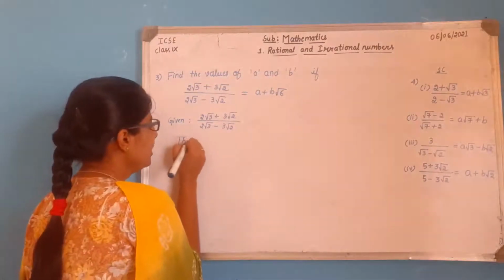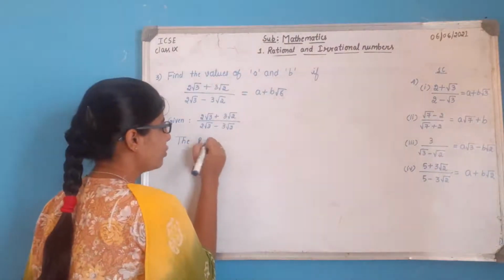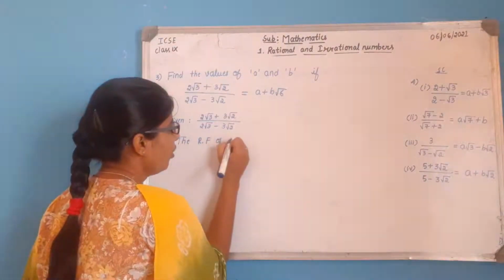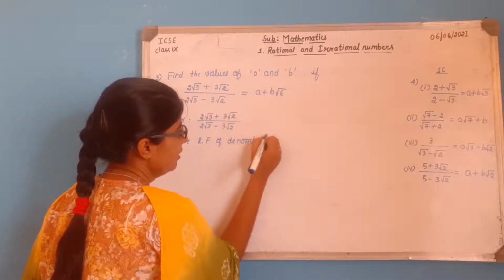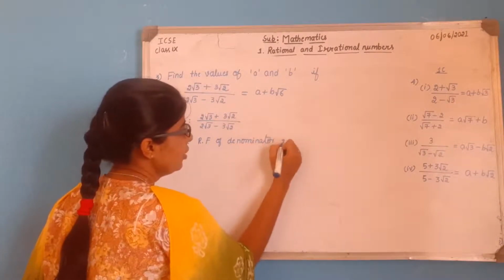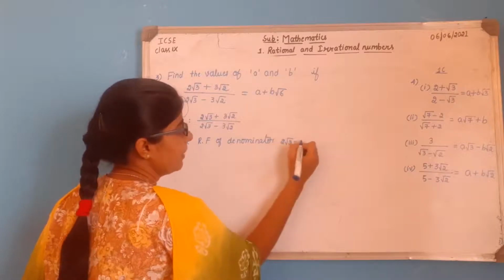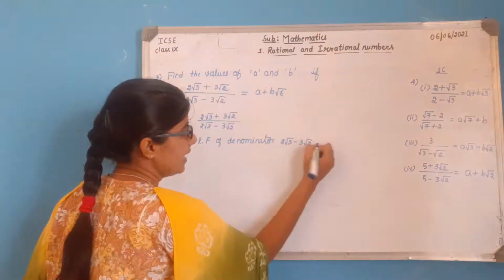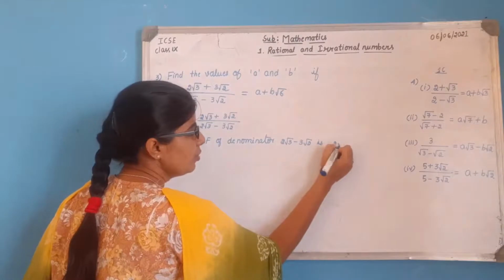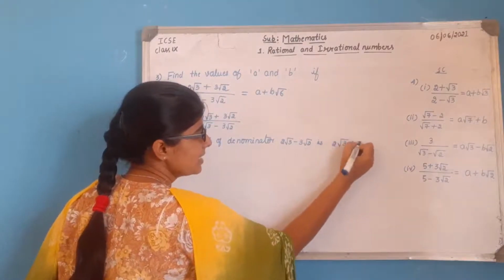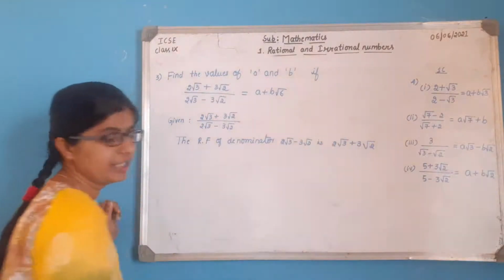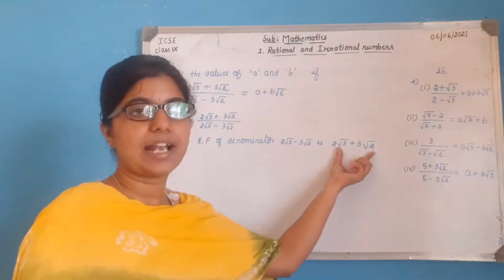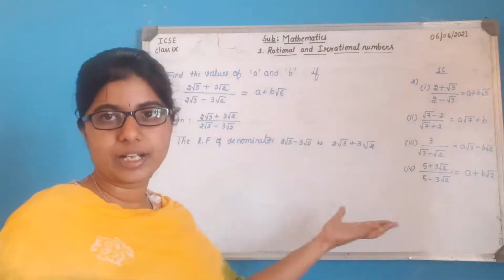The rationalizing factor of the denominator, so what is the denominator here? 2 root 3 minus 3 root 2, its rationalizing factor is 2 root 3 plus 3 root 2, right? This is the rationalizing factor for the denominator. Now multiply this rationalizing factor to both the numerator and denominator.